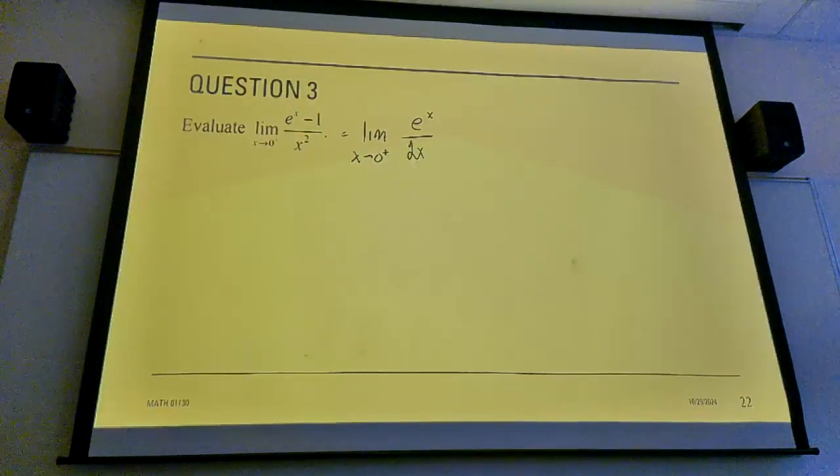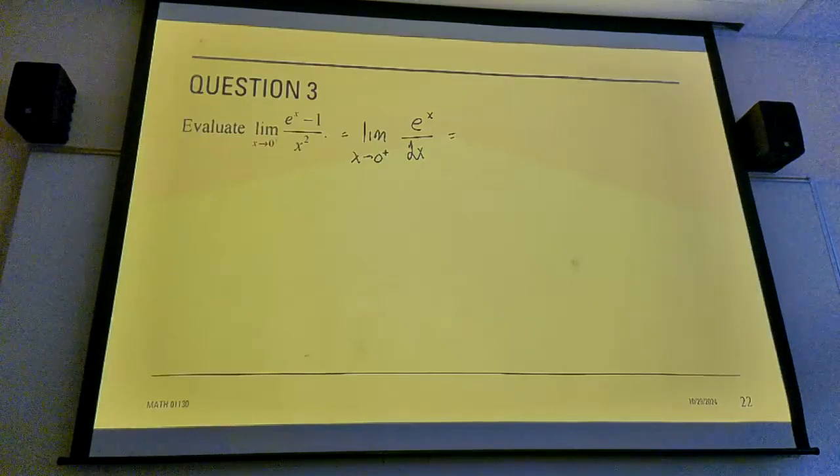What happens as x approaches 0 from the right? But we're approaching 0 from the right. So that means that 1 over 0 is going to be infinite. Question is, is it plus or minus? Plus infinity.